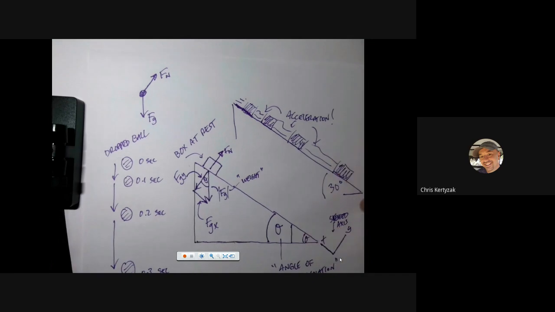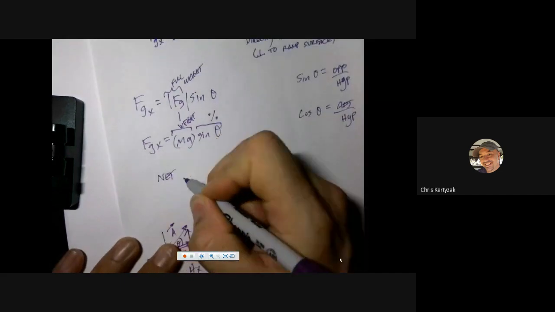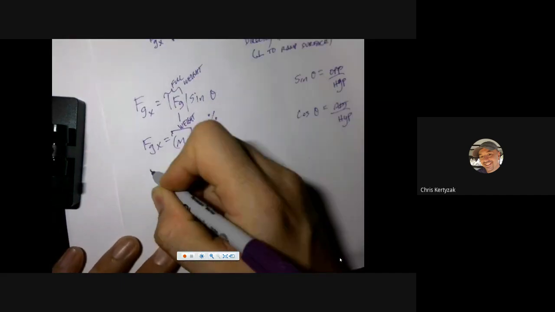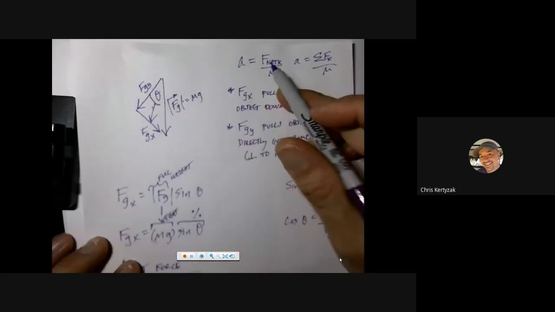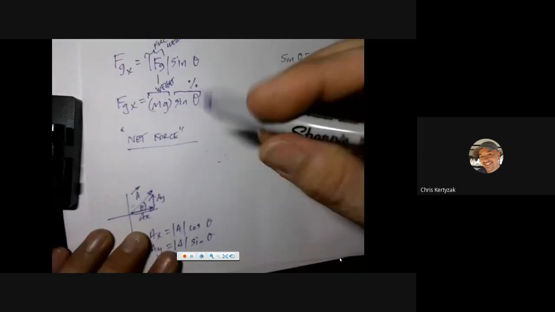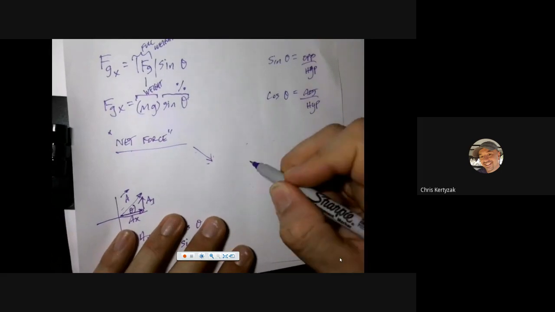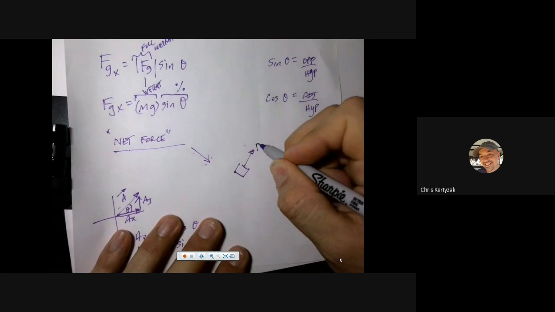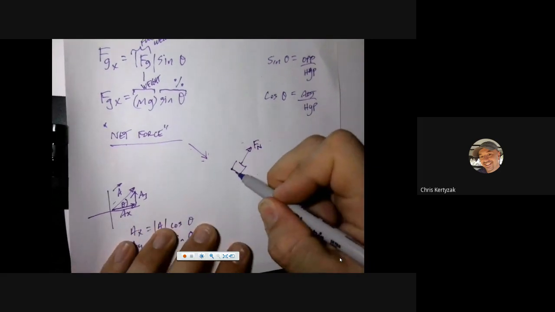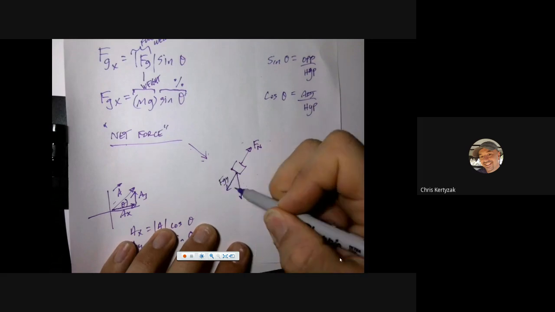And so in this discussion now about the net force, which is an essential discussion to have if you're trying to figure out what the acceleration rate is, what we would do is realize that the normal force and the gravity force like this one goes down, this is our FGY, and this is FGX, right?